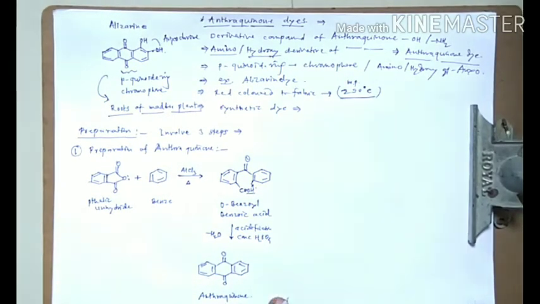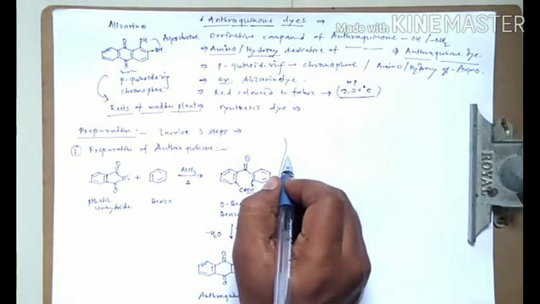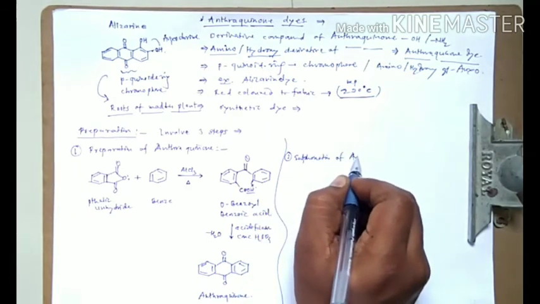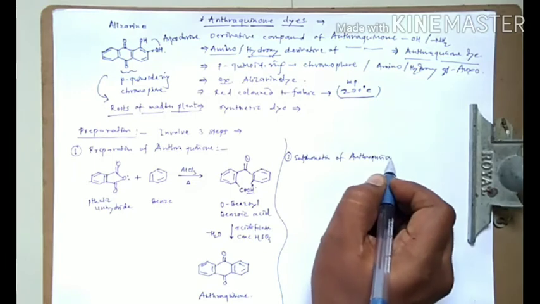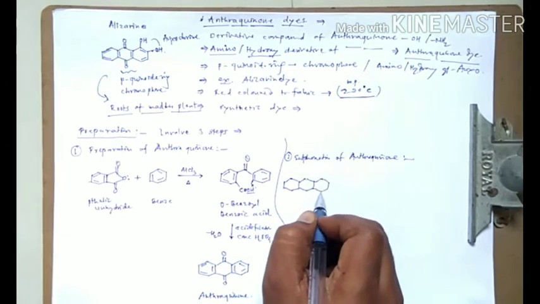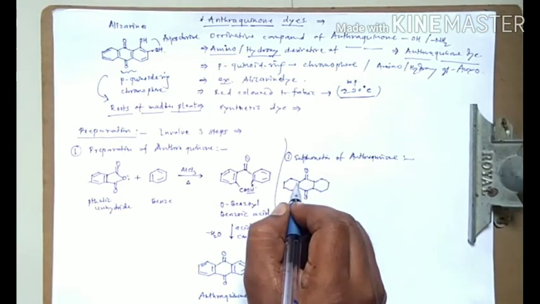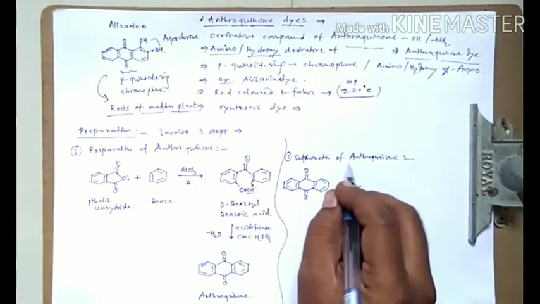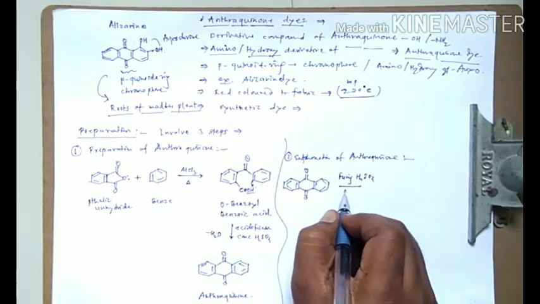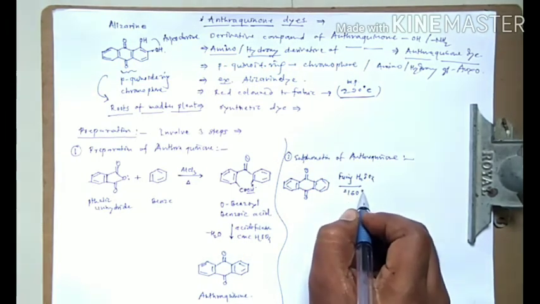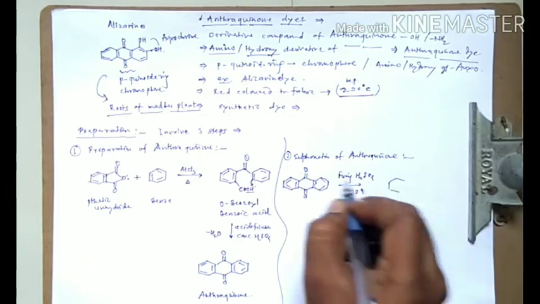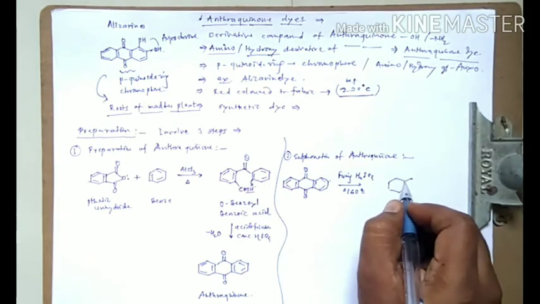Now the second step is the sulfonation of this anthraquinone. This anthraquinone, on treating with concentrated fuming sulfuric acid at 160 degrees Celsius, undergoes sulfonation and leads to formation of 2-anthraquinone sulfonic acid.